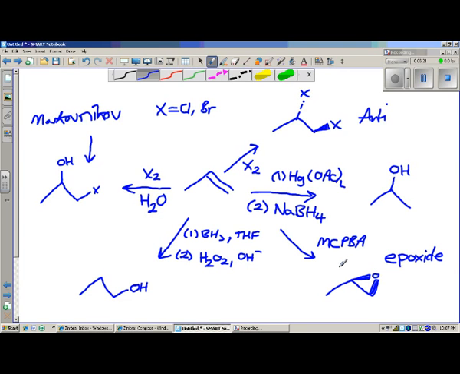Anyway, so these constitute several different reactions that alkenes undergo. There are a couple of others, but these are the main ones, and the ones that we will focus most of our time on.